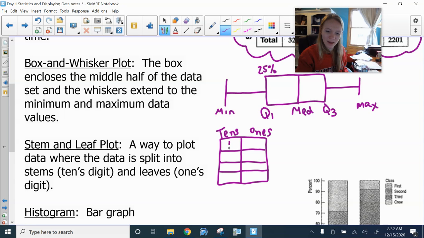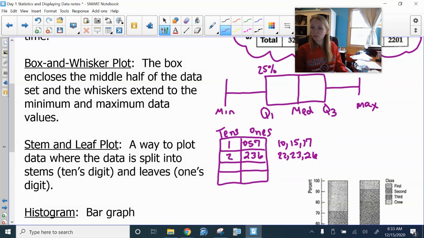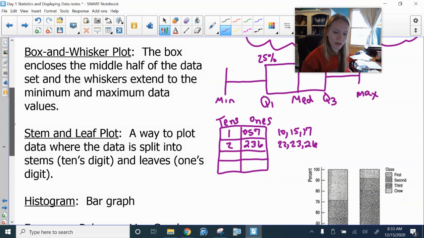So if I had the numbers 10, 15, 17, this is just another way of writing the numbers 10, 15, and 17, to shortcut it. If I said 22, 23, 26, that would be these numbers. It's just a different way of writing it. So being able to read one of those tables is important. Writing them is not as big of a deal, but being able to read it and know what it's talking about.